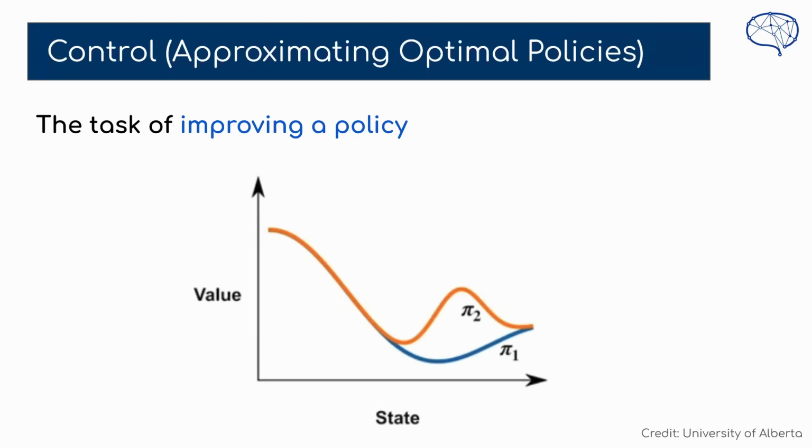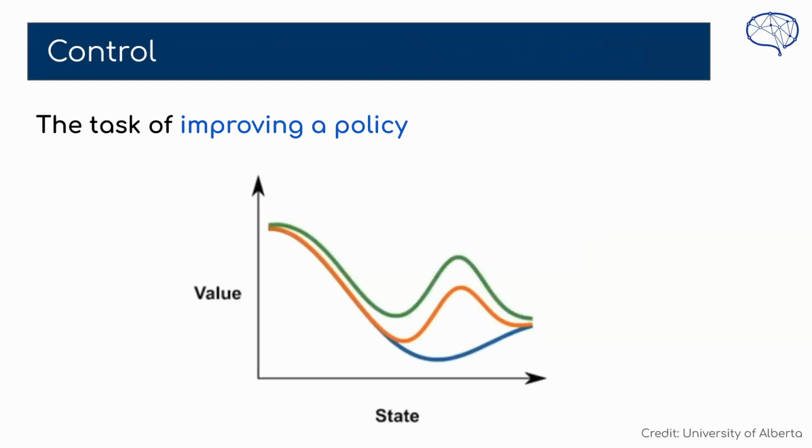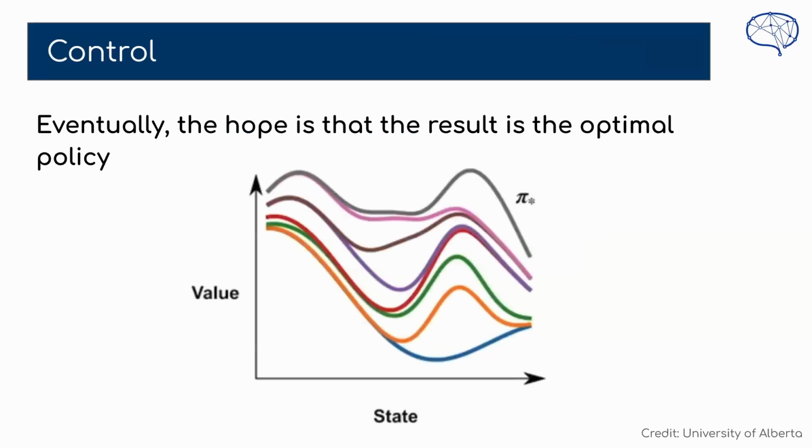So if you remember our definition of better policies, policy pi2 is better than pi1 because all its values for all states are better than or equal to pi1. And then we can keep doing that and keep doing it, and hopefully at the end you get the optimal policy.